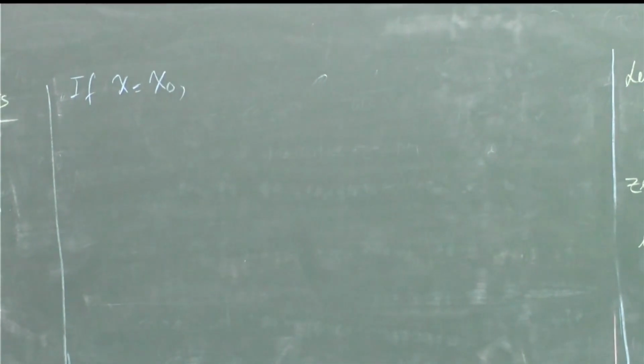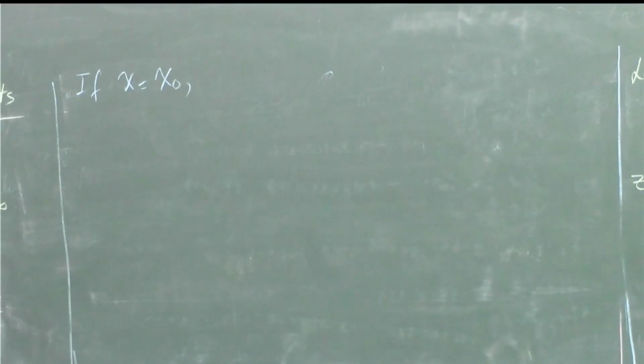In the case where chi is chi 0, what happens? This minus 1 by S minus 1 is a pole of L of S, chi 0.